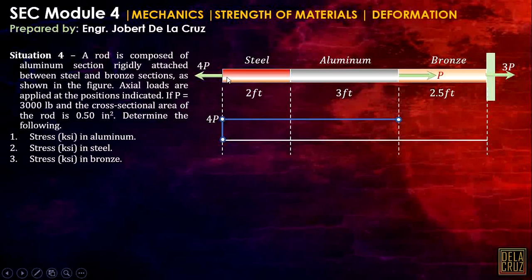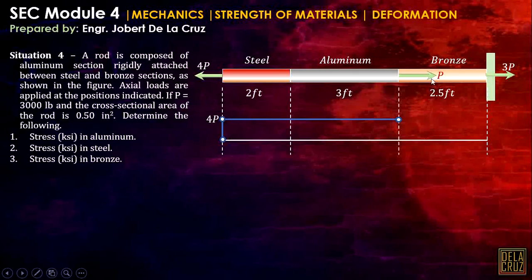If our assumption for tension is going to the left, then our assumption for compression is going to the right. I will advise you to always do that. Going to the left for the axial diagram is tension, going to the right is compression. Actually, it depends on you, but for me, I will do left for tension and right for compression in this kind of problem.